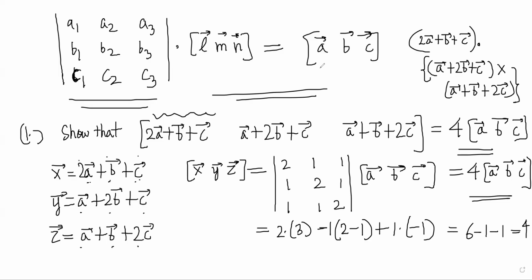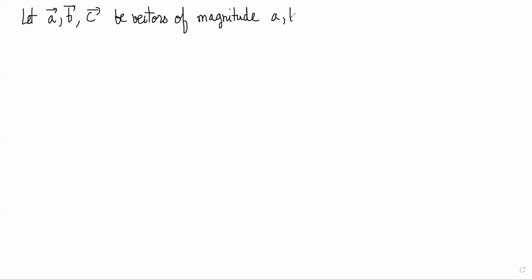Okay. Now, another related theorem, we can say: let A, B, C be vectors of magnitude A, B, C, and we are given this information.